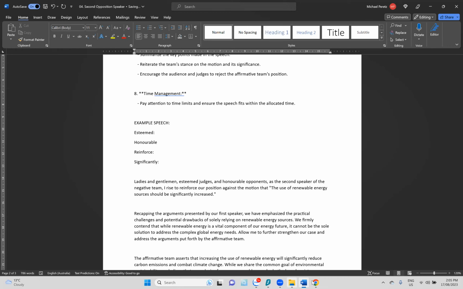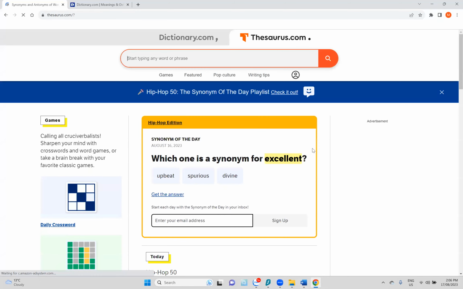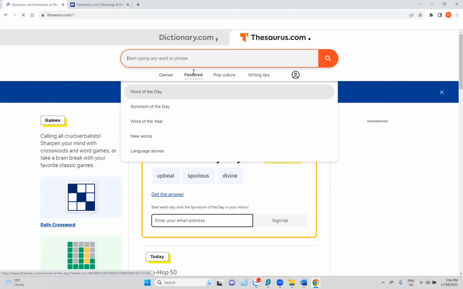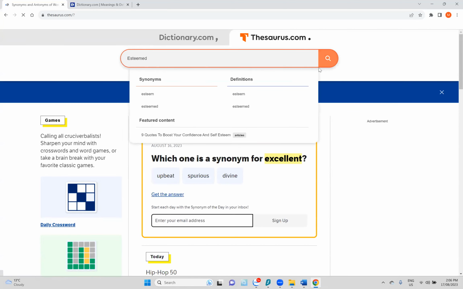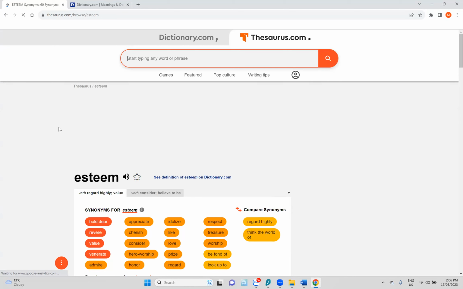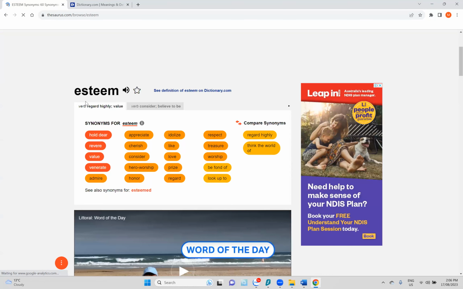So if we go to the thesaurus here, we can type in esteemed. So esteemed is already quite a very formal word to use. So we're not looking to change it, but we'll just look at some of the other words that could have been used if the speech were less formal.